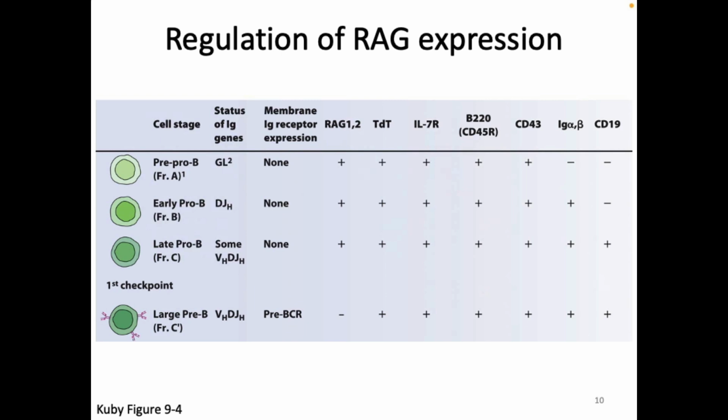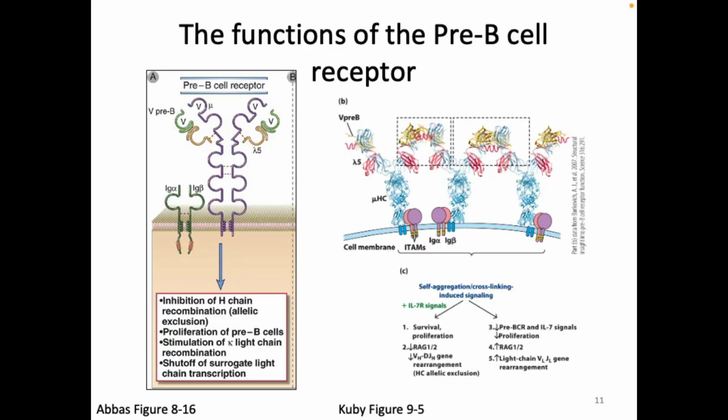Now we get to a pre-B cell where we have this pre-B cell receptor on the surface, and we have, at least at first, turned off RAG. Turning off RAG at the beginning has one other reason why it is important.